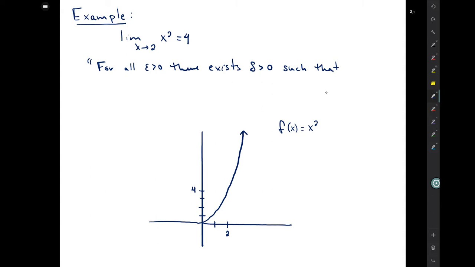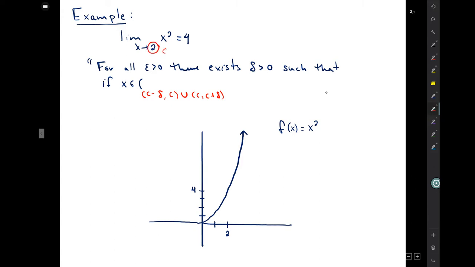But now we go to our definition and we start to plug in what's actually given in this problem. So we have if x is in this interval. So remember, in the definition, we had c minus delta comma c union c plus delta. Delta is still delta, but here in this problem, we know what c is.